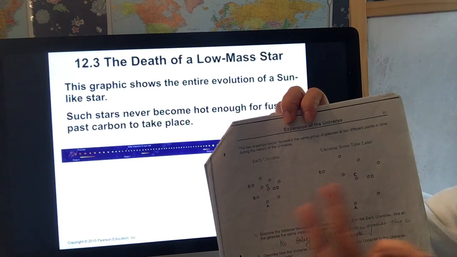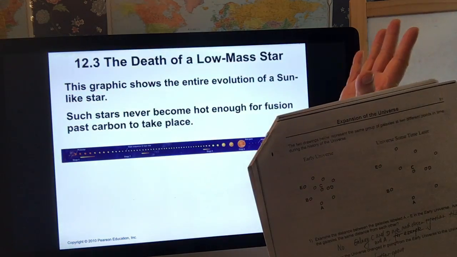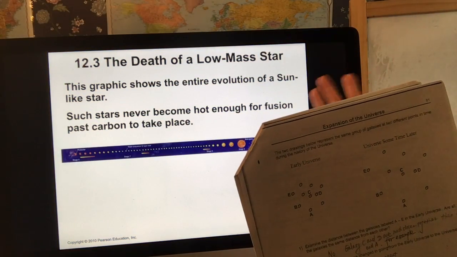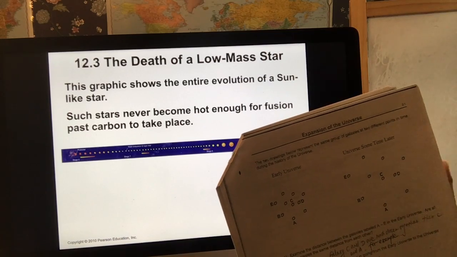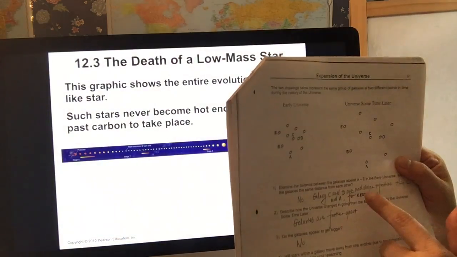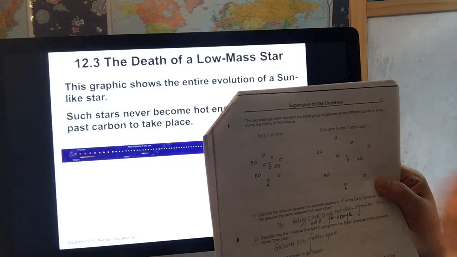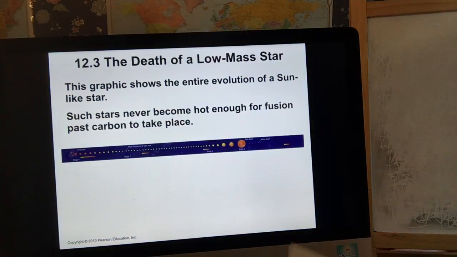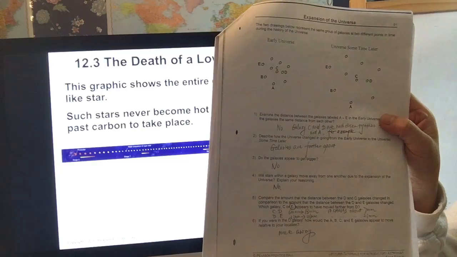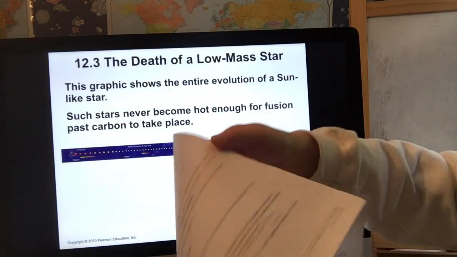Then you need to eyeball the distance between each galaxy, because remember, when galaxies are further away, they're moving away from each other at a faster rate. Based on those criteria, you should be able to answer the questions from this tutorial.